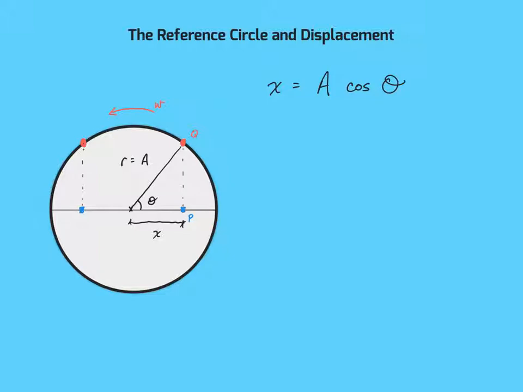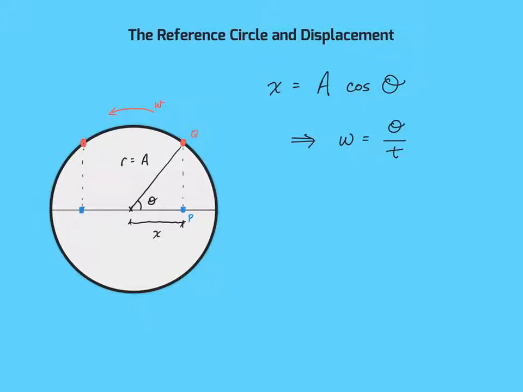Okay, now we can extend this out. If we think back to our previous unit on rotational motion, we said that omega, or angular velocity, was equal to theta divided by time.